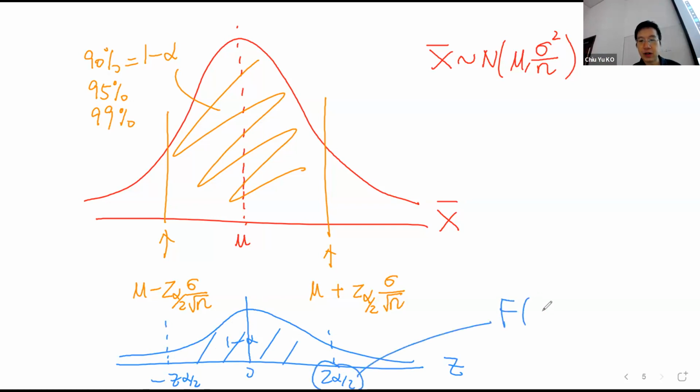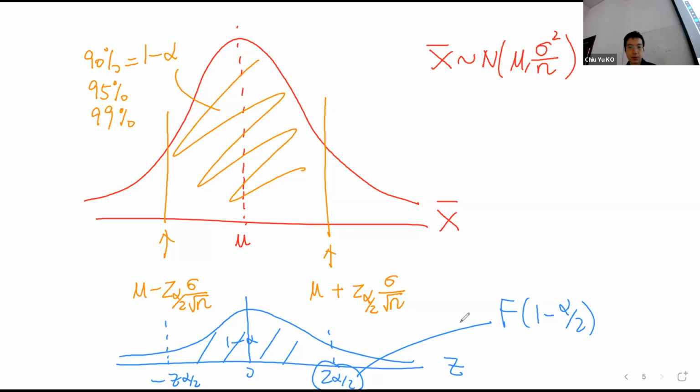It's just F inverse of 1 minus alpha over 2, because the area on the left of this is 1 minus alpha over 2. So Z alpha over 2 is the tail area, not the left hand side but the right hand side, alpha over 2. That is the notation. It's not the left hand tail but the right hand tail.